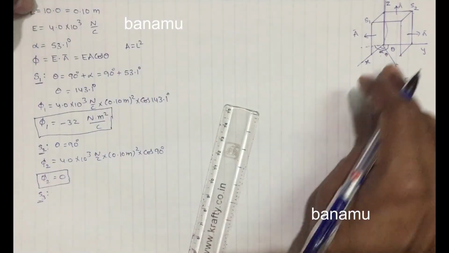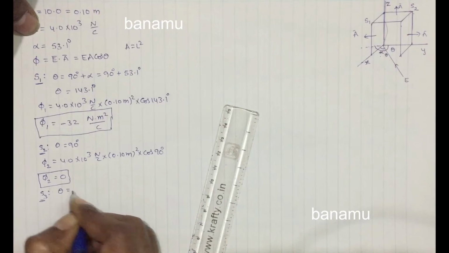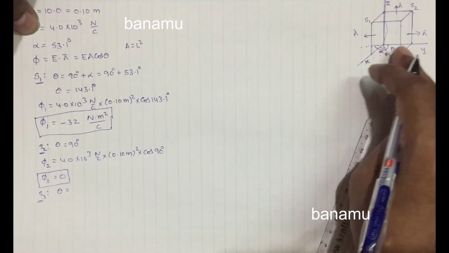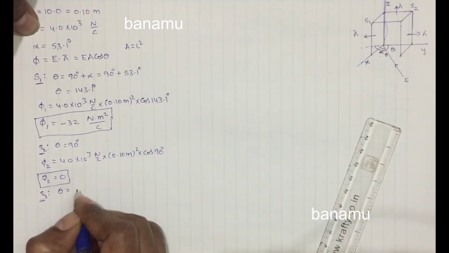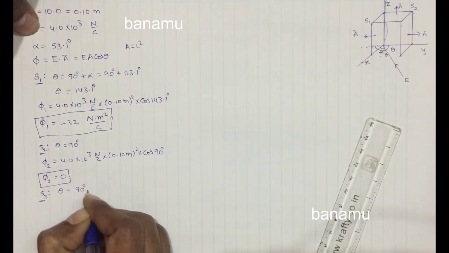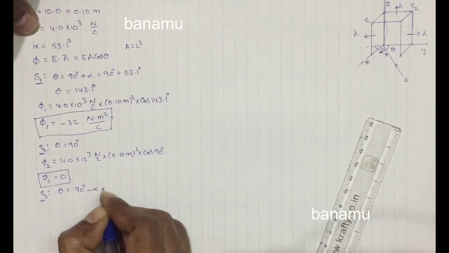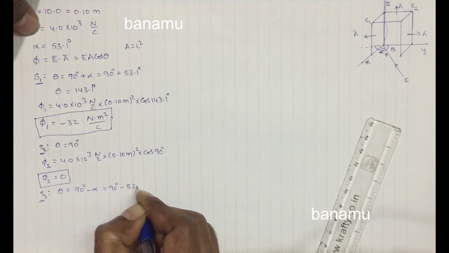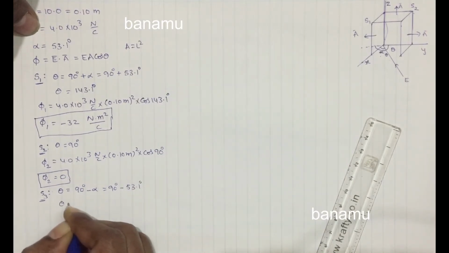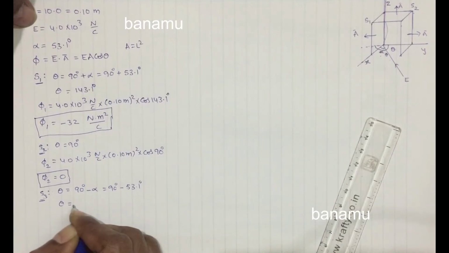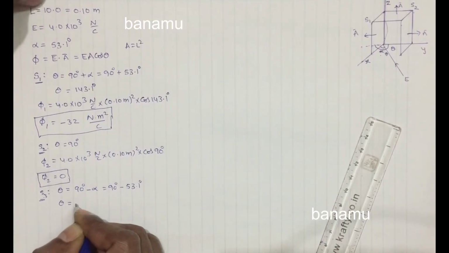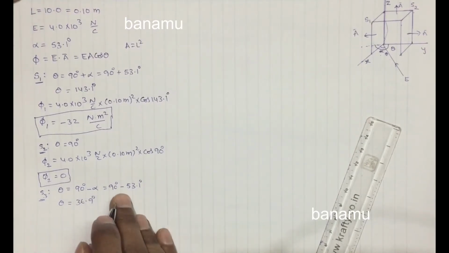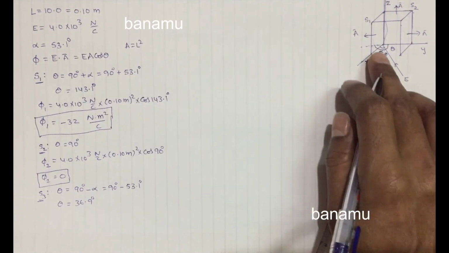Theta is equal to 90 degrees minus alpha, that is 90 degrees minus 53.1 degrees, which is 36.9 degrees.